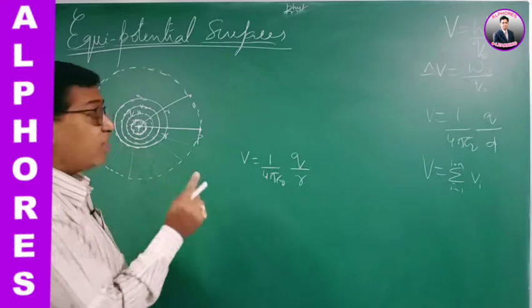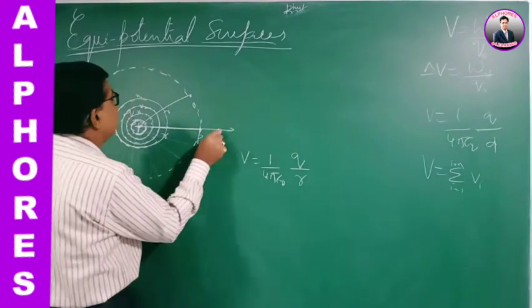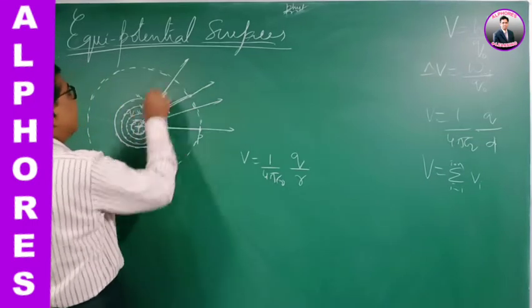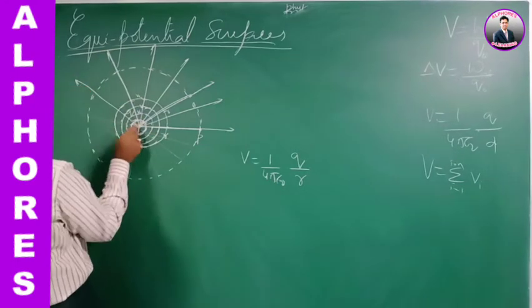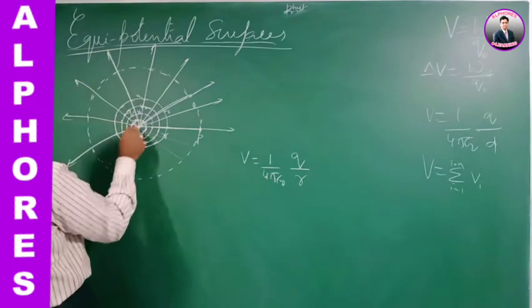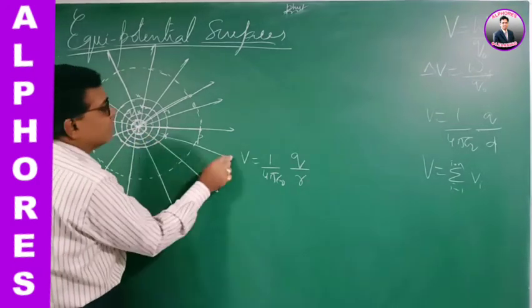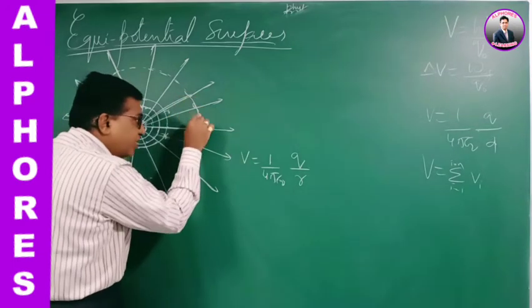Now let us understand. For this point charge, if I draw the lines of force, as we have studied in the electric field concept, the lines of force from a point charge start from the charge and extend up to infinity like this. Now consider any equipotential surface.